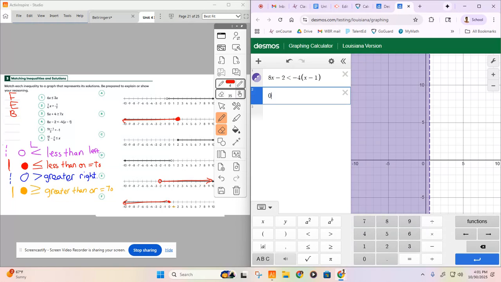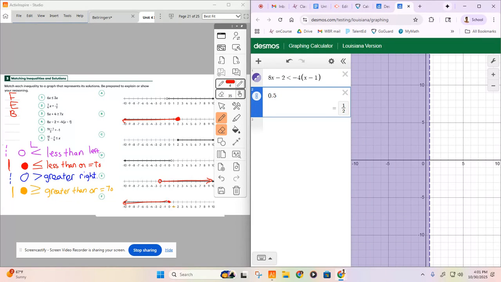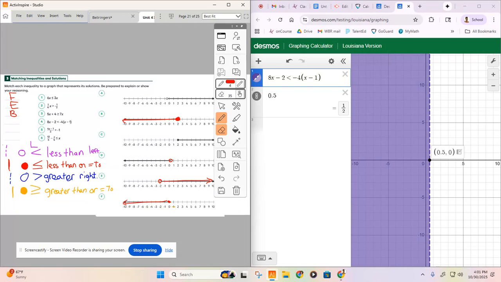As a decimal, if it helps you, that's going to be the fraction 1/2. So I'm looking for it to be halfway between 0 and 1. The dotted line going up and down here tells me that this is a hollow circle halfway between the 0 and the 1, right here. And it shades to the left. That is option D.